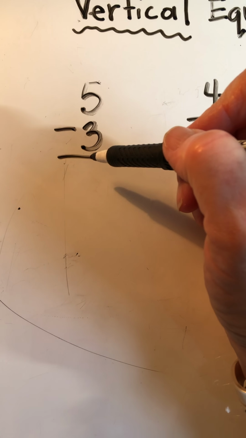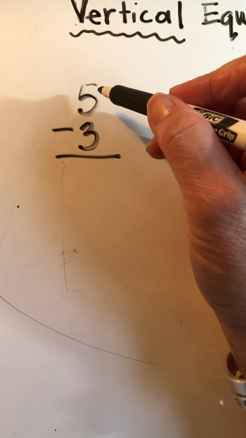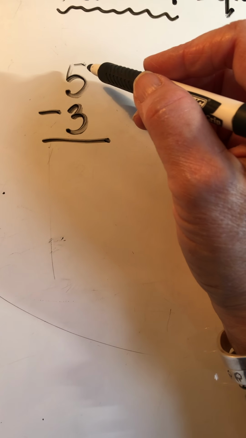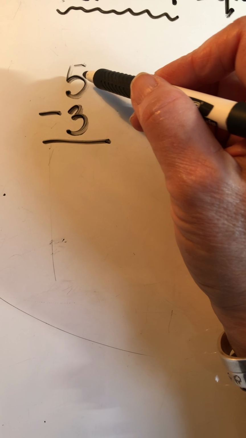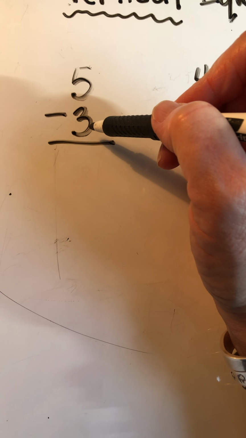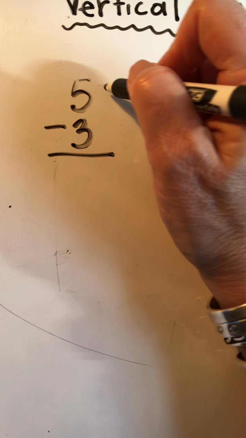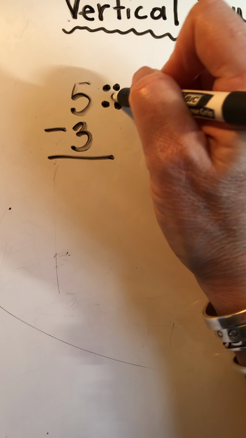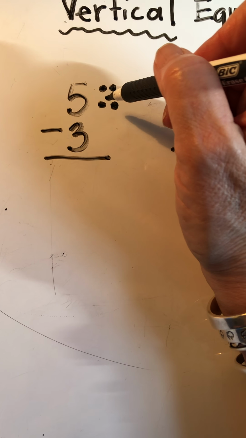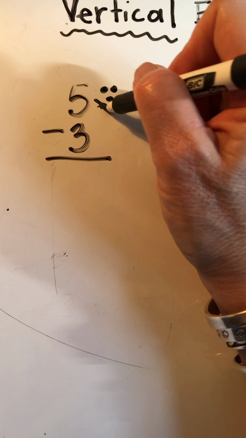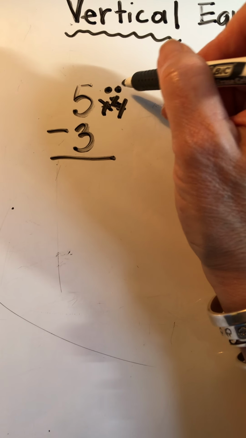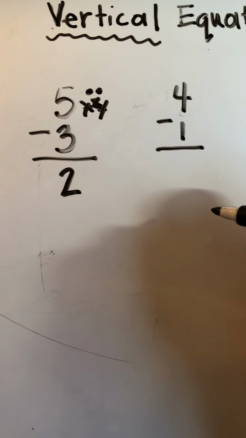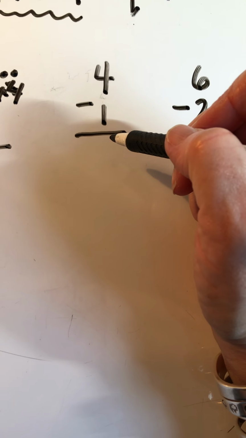I see my sign says subtraction, so I know I'm subtracting, and I know I'm always going to start at the top with my vertical equation. So 5 minus 3. So I'm just going to draw myself a little picture here. There's my 5, and I need to get rid of 3 of them. So how many are left? 2. Great.